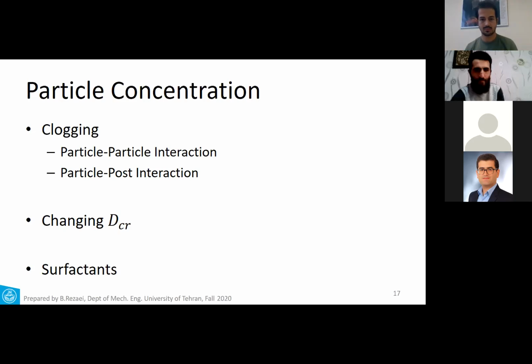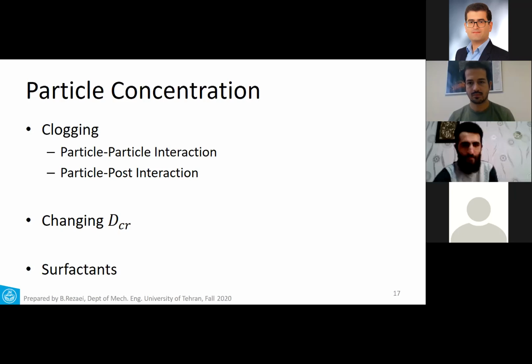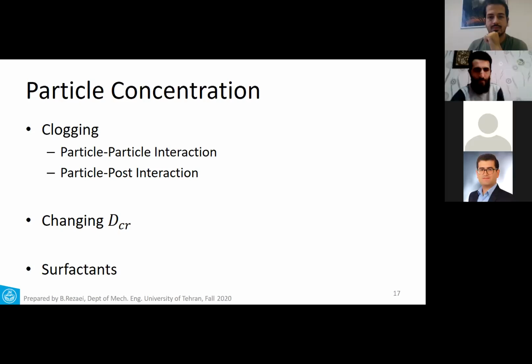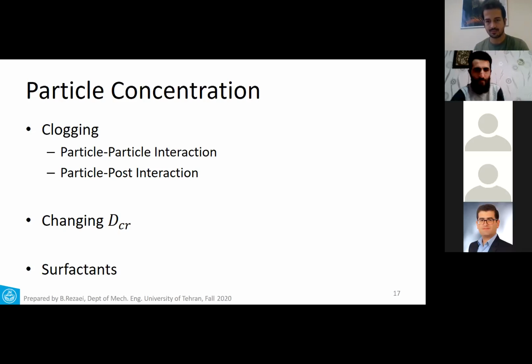When this happens, the particles go neither zigzag nor bump, and we cannot separate them very well. So it is very important to reduce the particle concentration. We have to add some reagents, one of them called surfactants. I'm not very well aware of their chemical formula, but they dilute the solution.